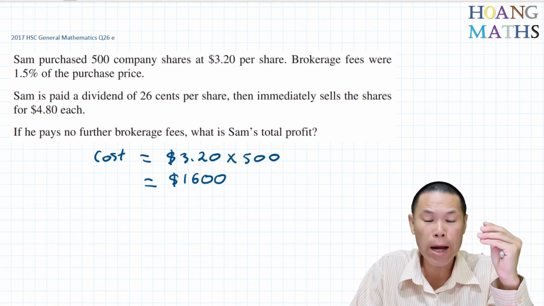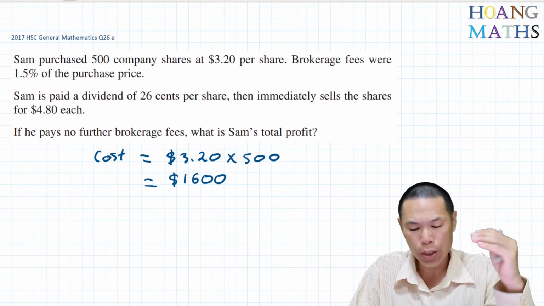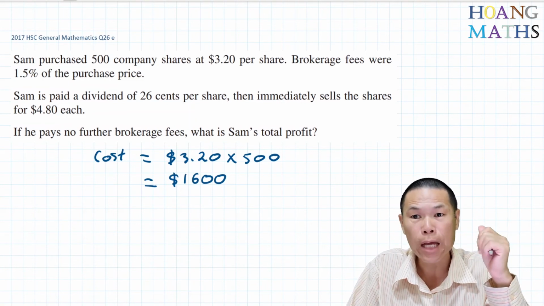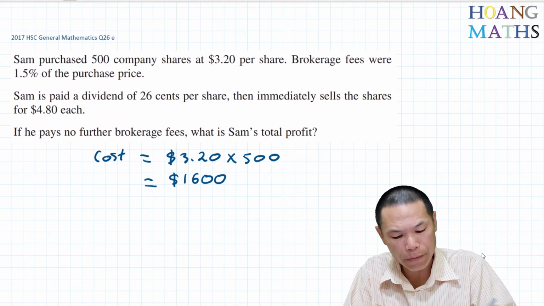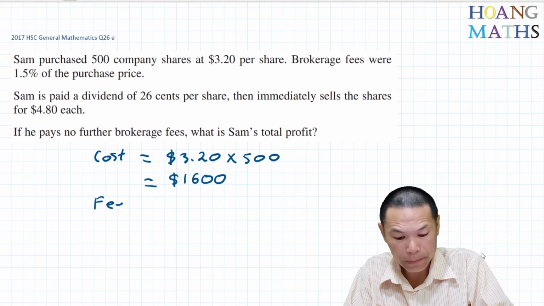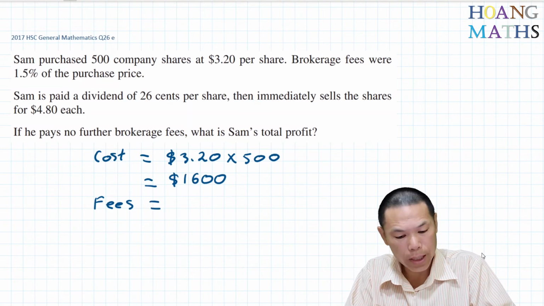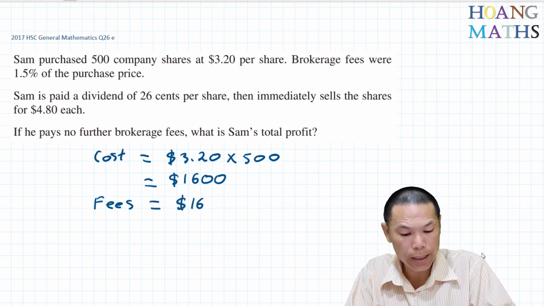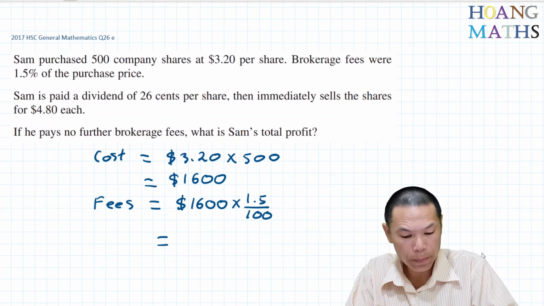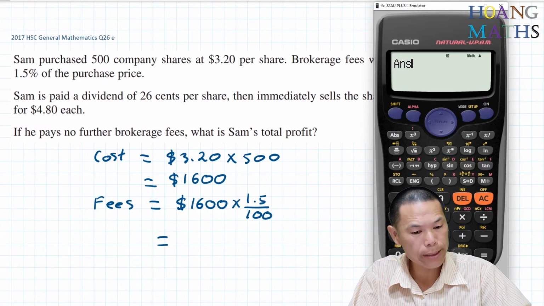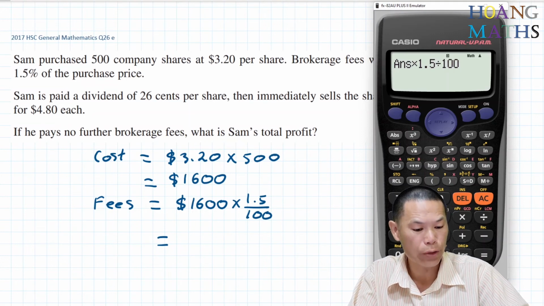But then he needs to pay broker's fees as well. So that is 1.5% of the value that he's paid for. So I just write fees is equal to 1,600 times 1.5%. So just put answer times 1.5 divided by 100, or over 100 if you like.